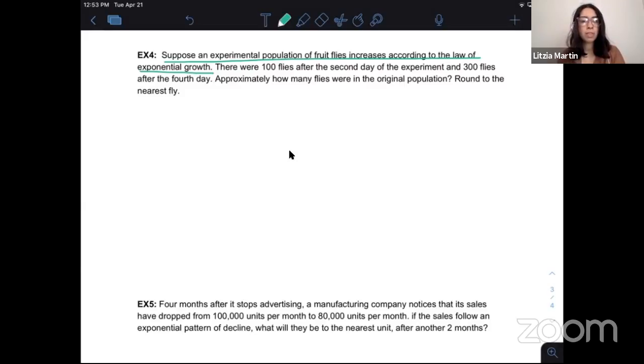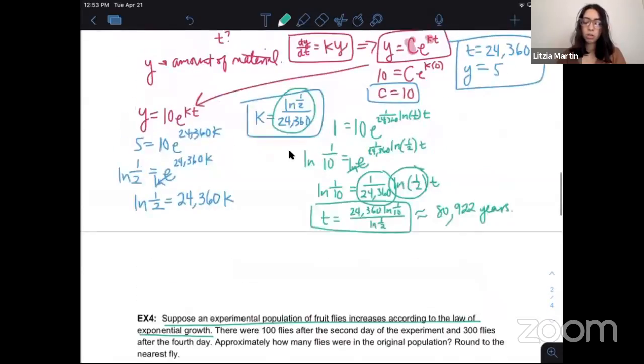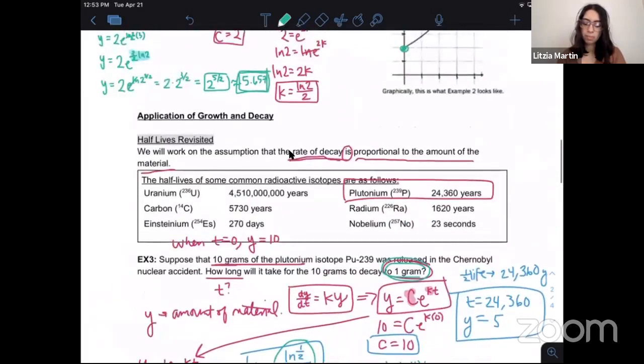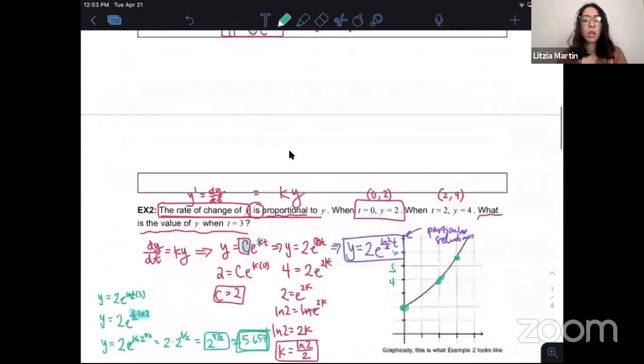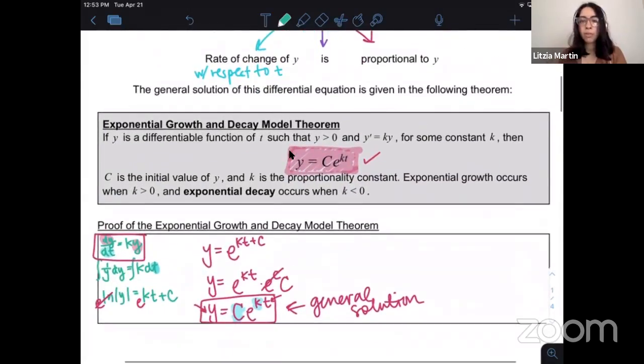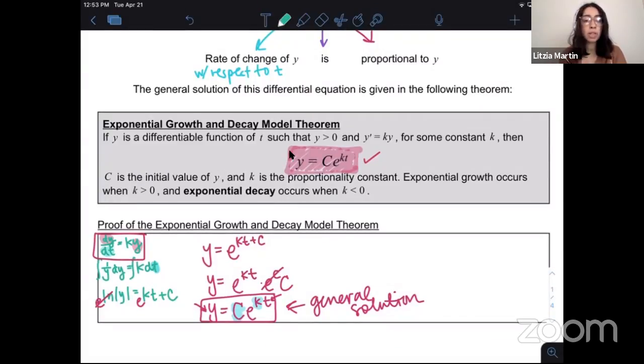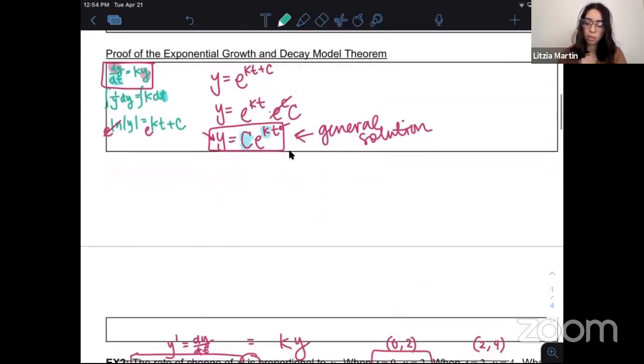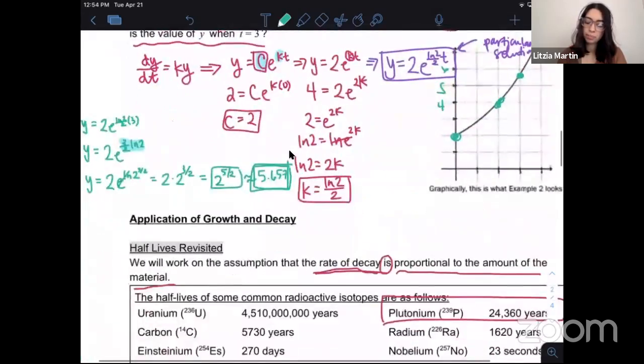We probably haven't seen this yet, I don't think, but this tells us that it follows this theorem. So if we can come up with the equation for the rate of change, then we can come up with the general solution, just like we've done in this past problem. So let's see if we can come up with that rate of change equation.